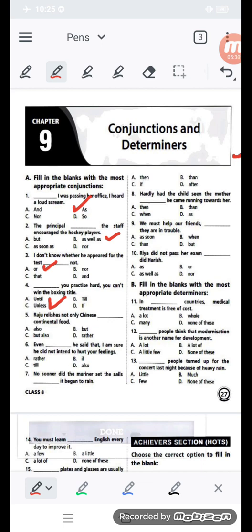Raju realizes not only Chinese dash continental food. Not only is combined with but also. Here it is given: Even dash he said that I am sure he did not intend to hurt your feelings. Even is combined with if. That you should keep in mind.